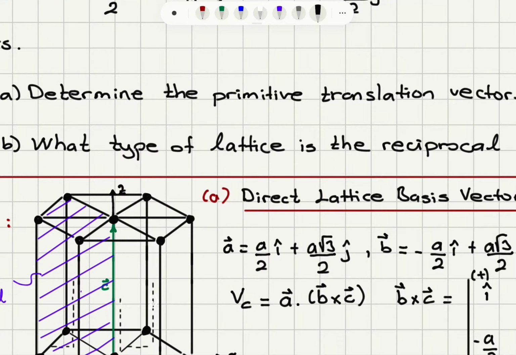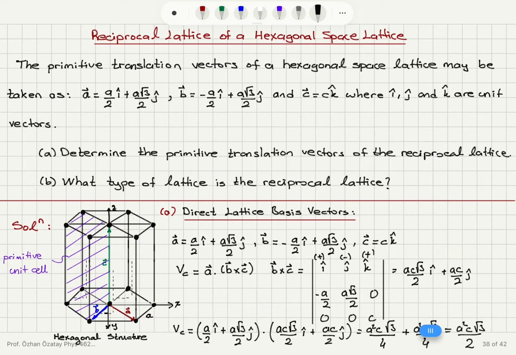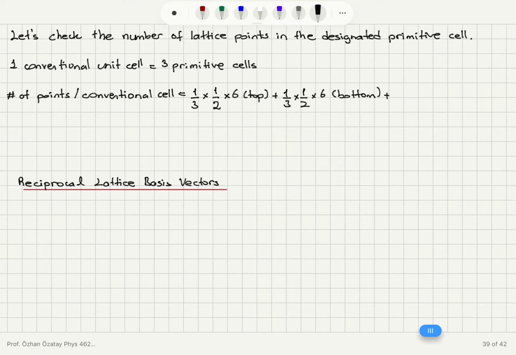You can see here, they're totally inside the unit cell, but only shared by top and bottom cells, so half of them are in the conventional cell, so center points. So what I would have as a result is 1 plus 1 plus 1, that is 3. So I have 3 lattice points per conventional cell.